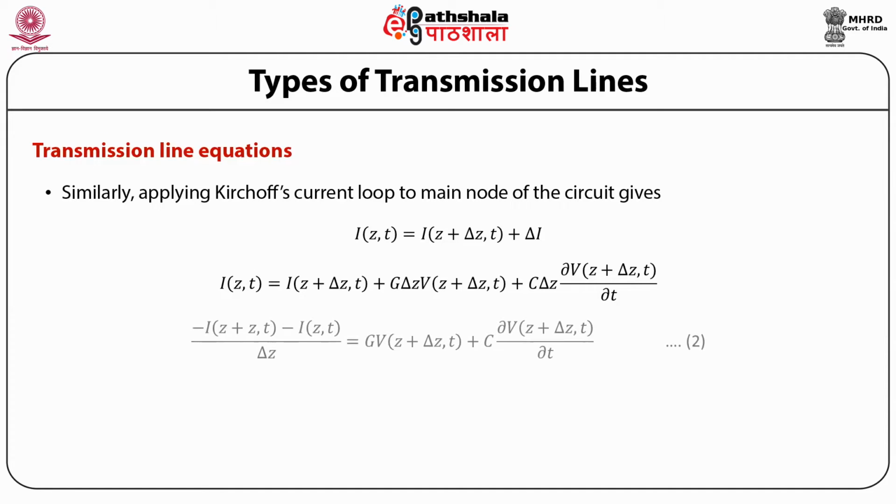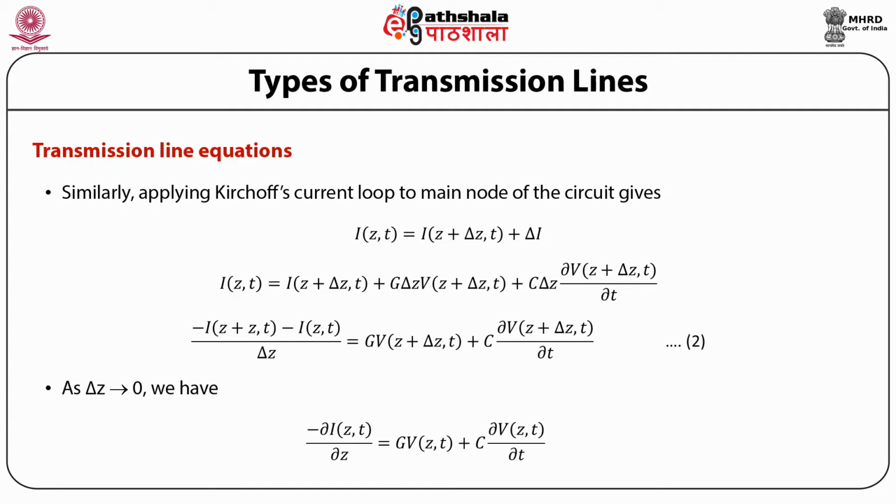That is, minus [I(z plus delta z,t) minus I(z,t)] divided by delta Z equal to G V(z plus delta z,t) plus C del V(z plus delta z,t) by del t. That is, if delta Z tends to 0, we have minus delta I by del Z equal to G V plus C del V by del t.